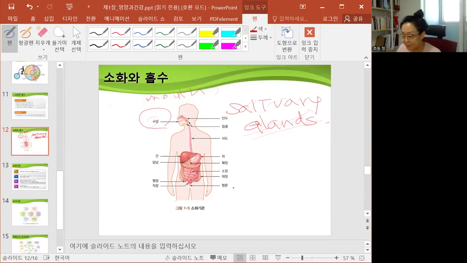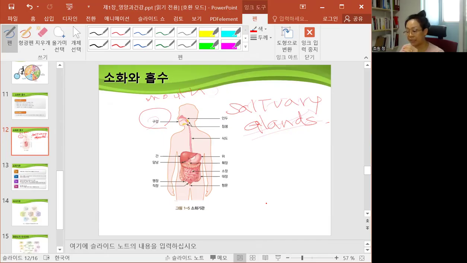When the food enters the mouth, the teeth perform mechanical digestion by chewing, or mastication, breaking large pieces of food into smaller particles.